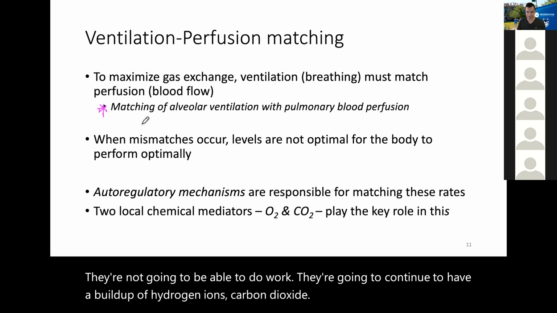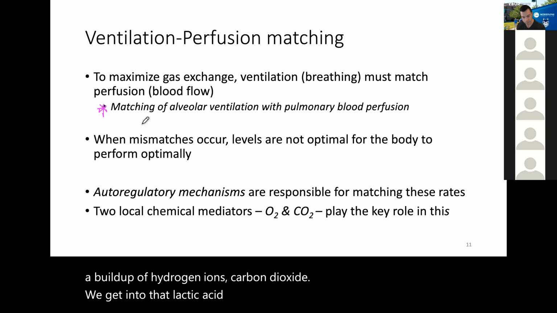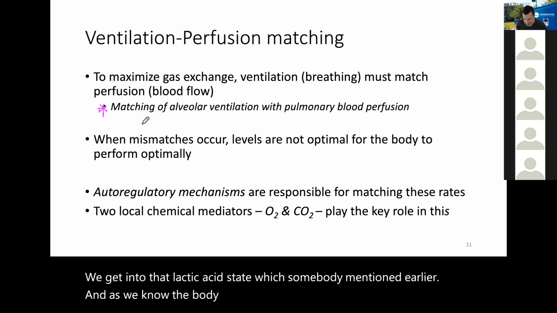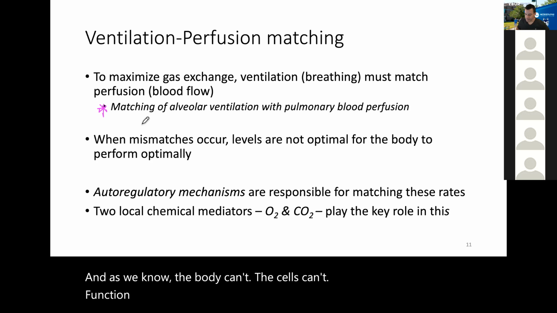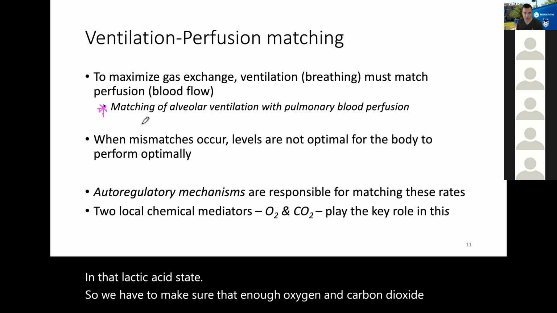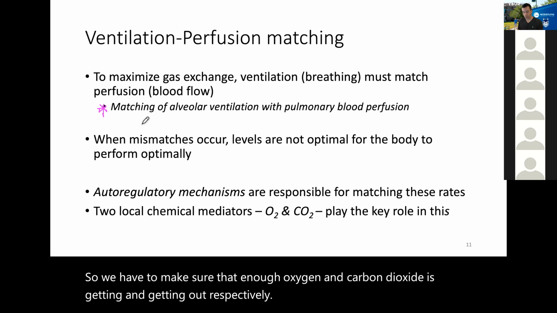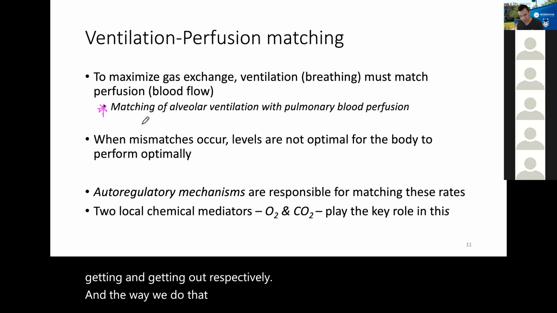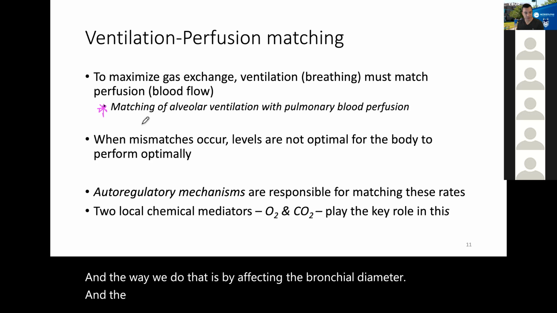We get into that lactic acid state, which somebody mentioned earlier, and the cells can't function forever in that lactic acid state. So we have to make sure that enough oxygen and carbon dioxide is getting in and out respectively, and the way we do that is by affecting the bronchial diameter and the pulmonary capillary diameters.